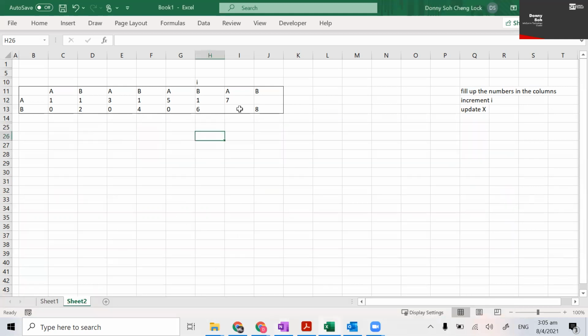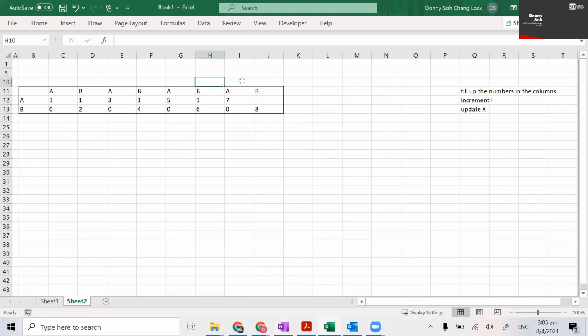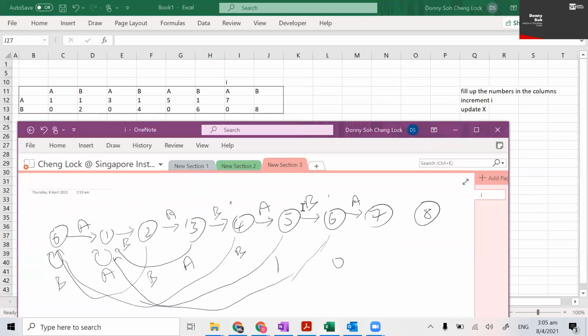Okay. So let's update this. And I'm going to update my I. I gets updated to the next one. And I update my X. X is over here. If I were to see an A at state X, it will go to state number 5. So it goes to state number 5 here.